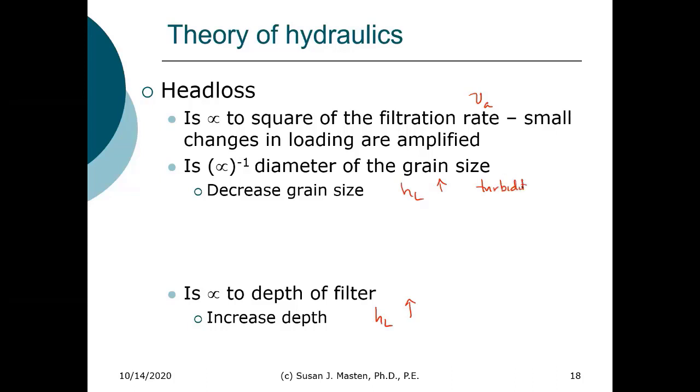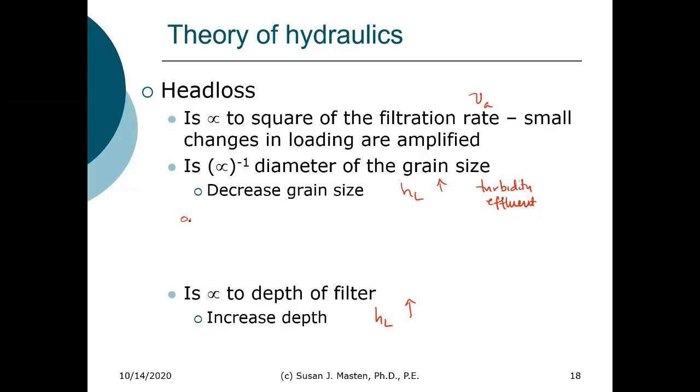Now, let's think about turbidity. So this is essentially removal efficiency. If I decrease my grain size, what happens to the turbidity in the effluent? So if smaller media size, how does that affect turbidity in my effluent? Okay, just think about this.